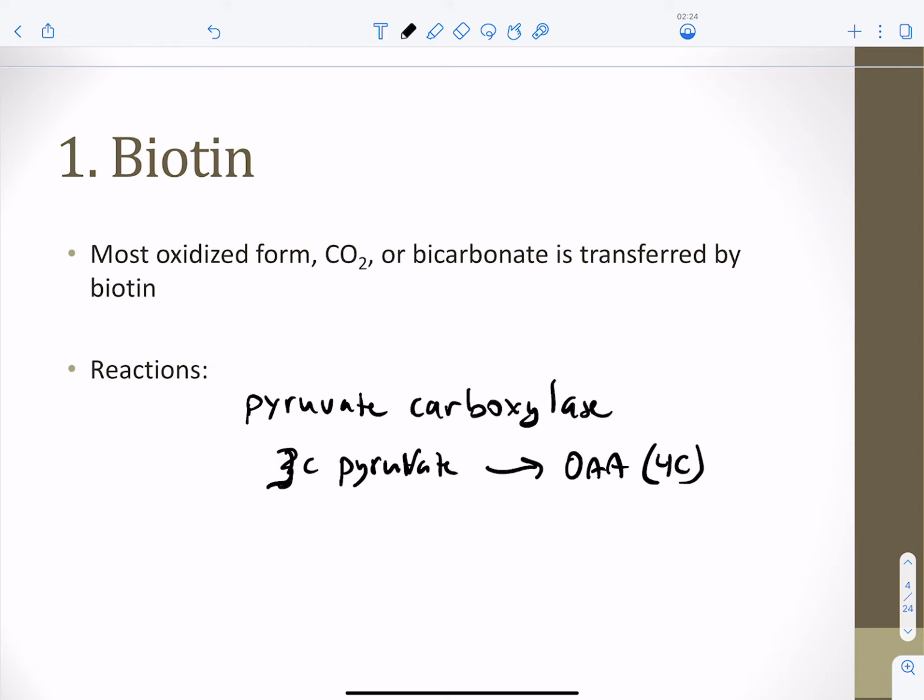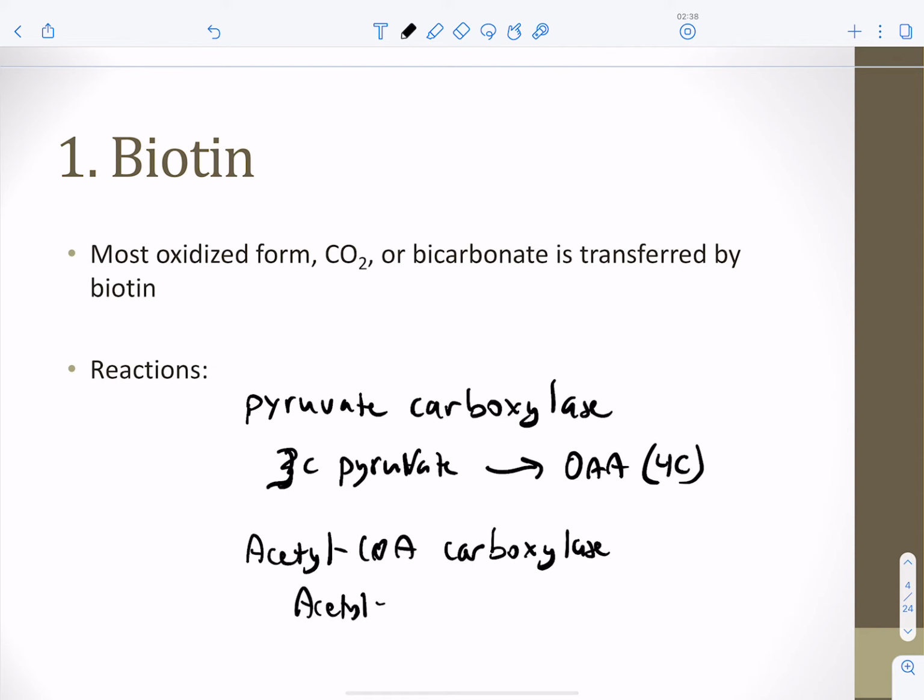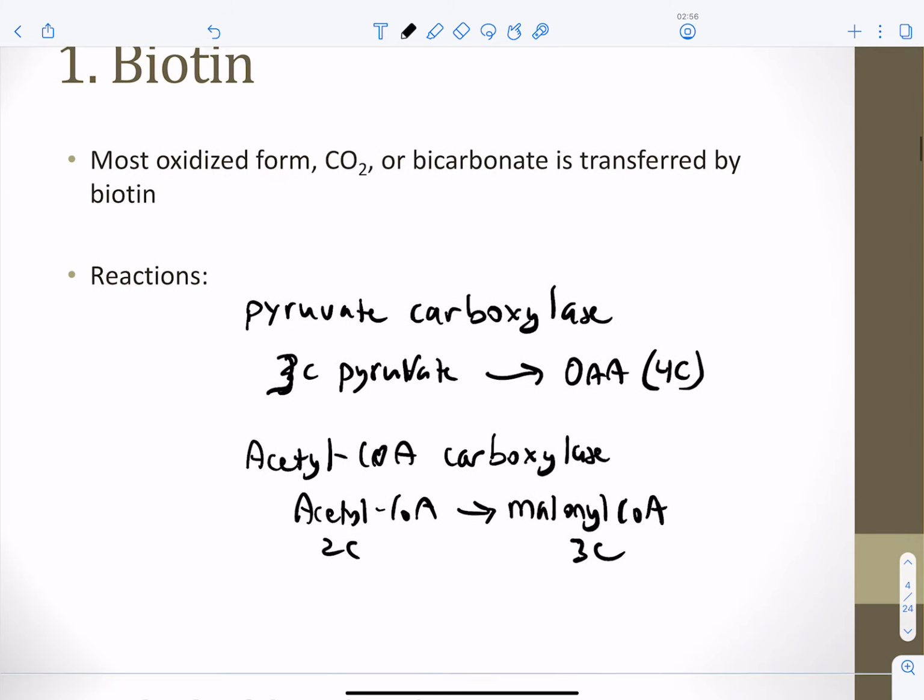And then there's also acetyl-CoA carboxylase. This is going to take acetyl-CoA to malonyl-CoA. So these are just two examples, and this is a 2-carbon to a 3-carbon. Both of these are going to use biotin to transfer those carbons.